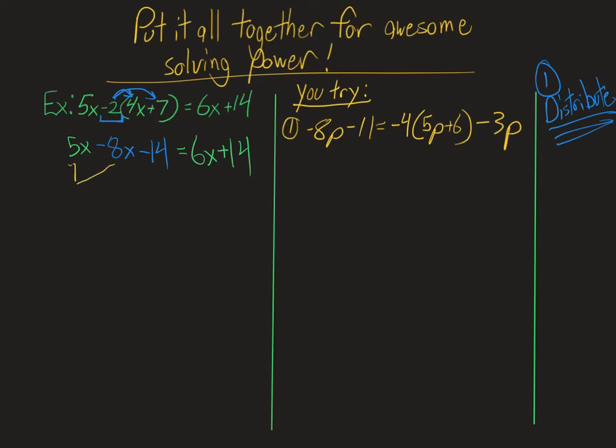So right here, I'll put my 5 and my negative 8 together. Okay, there we go. And same as always, I'm going to move variables to the right because that makes them all positive.